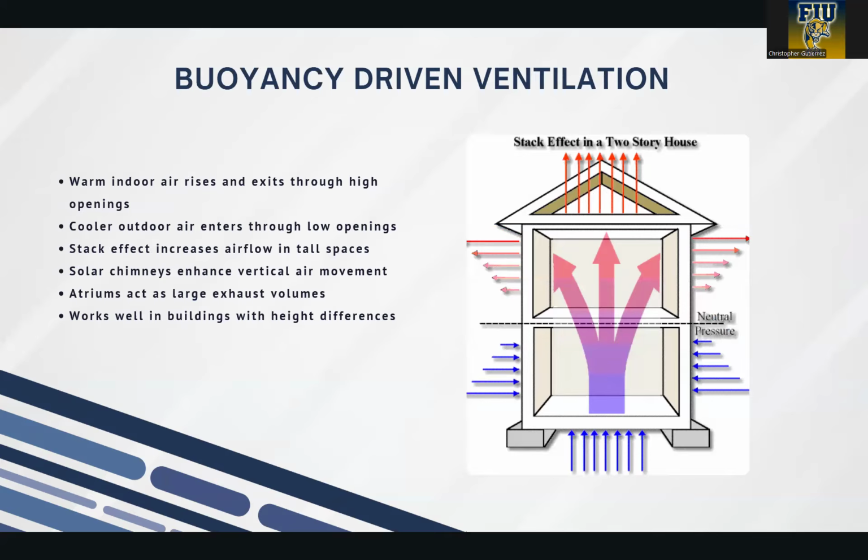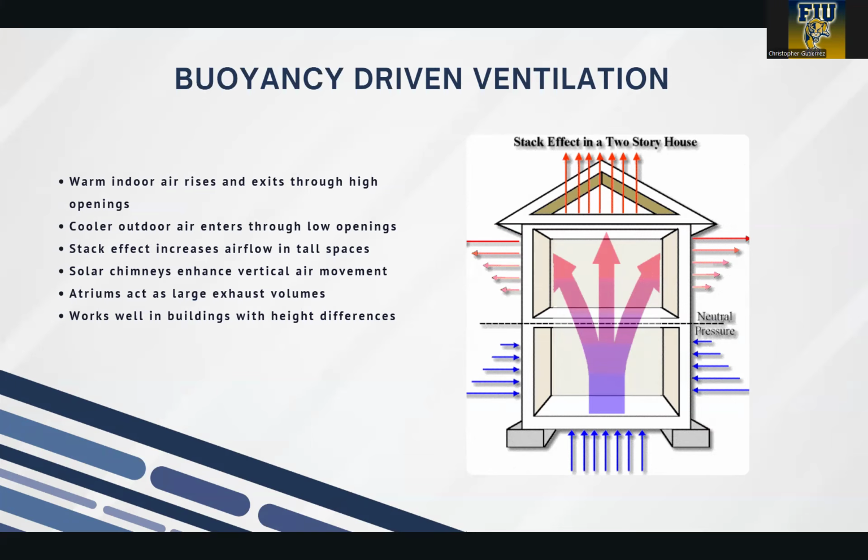Now regarding buoyancy-driven ventilation, buoyancy-driven ventilation relies on temperature differences. Warm indoor air rises and exits through higher openings, as you can see in the diagram to the right. Cooler outdoor air enters through low openings to replace it, also seen on our diagram.